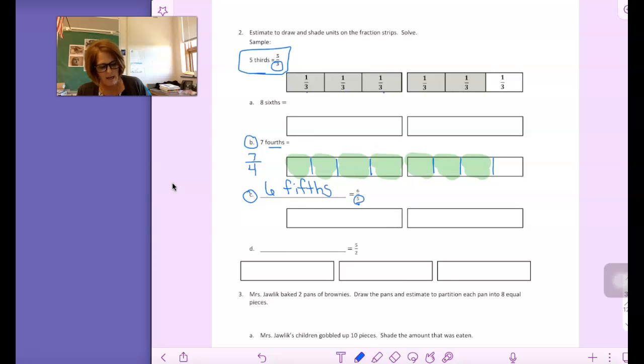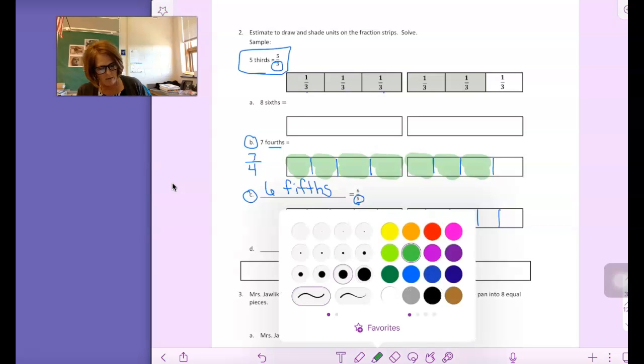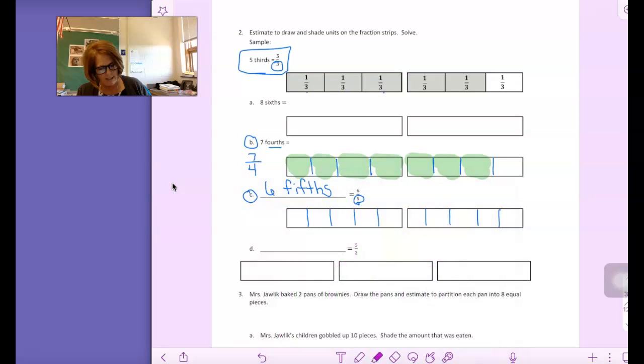So let's go ahead and divide it into fifths the best that we can. And then we're going to shade 6 of those. 1, 2, 3, 4, 5, 6. So it looks like we have 1 whole plus 1 more fifth.